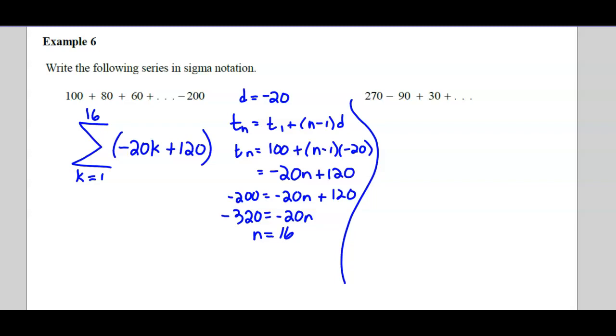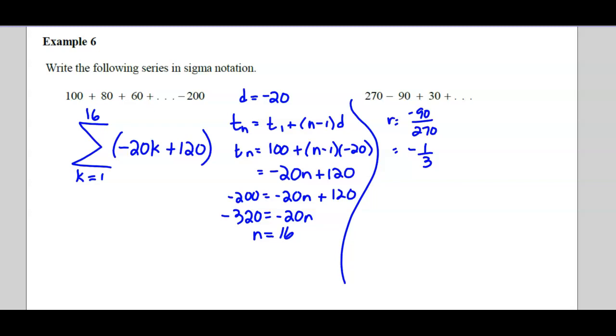So here, you can go negative 90 over 270 to get your R. That reduces to negative 1/3. So second term divided by first term. Then you can check it out. If I multiply negative 90 by negative 1/3, I get positive 30.